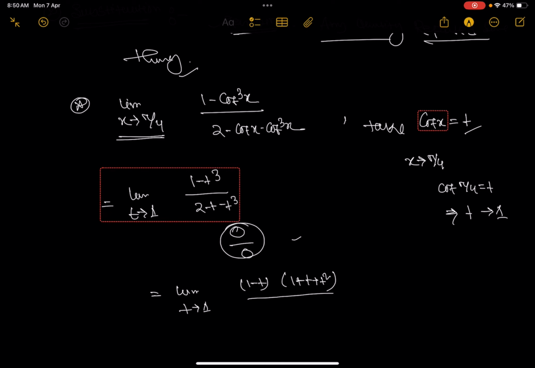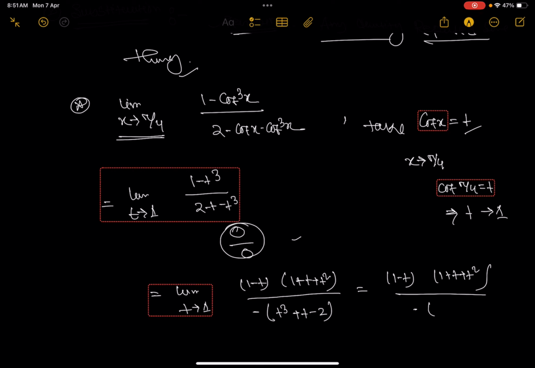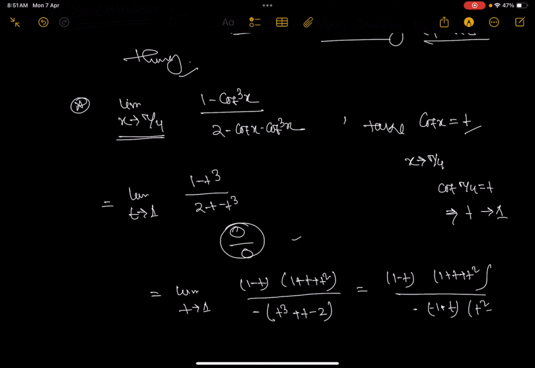Divided by, if we take minus common from t cube plus t minus 2, this term becomes minus (1 minus t)... that is, t minus 1, t square plus t plus 2.